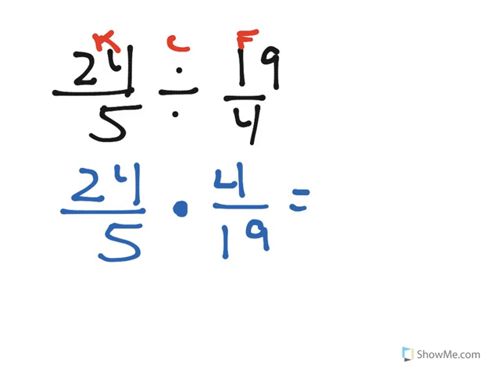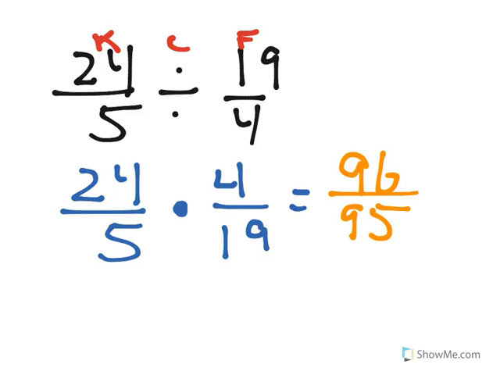There's nothing that I can simplify before I multiply, so I'm just going to really have to multiply everything straight out. So when I do this, I get 96 over 95.